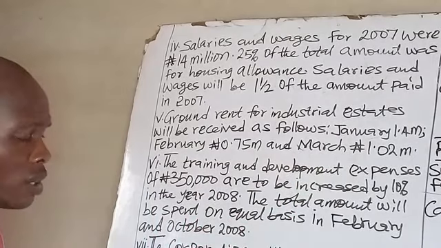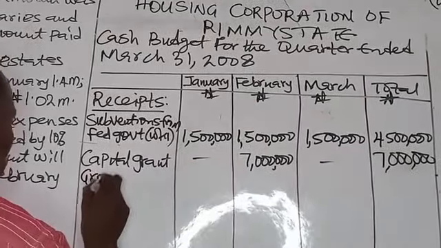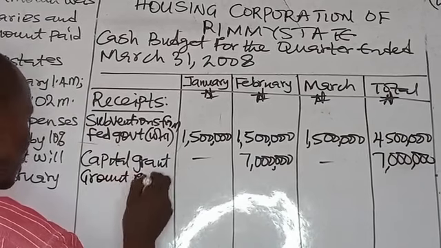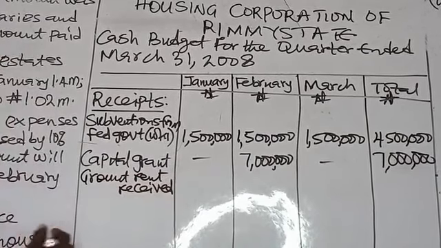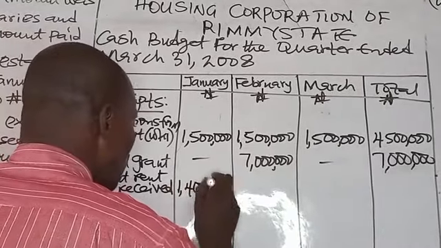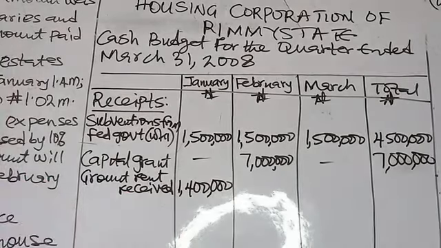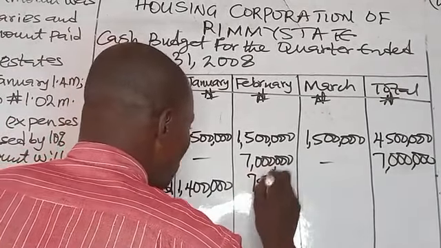So now, ground rent received. In the month of January, 1.4 million. In February, 0.75 million, which is 750,000.